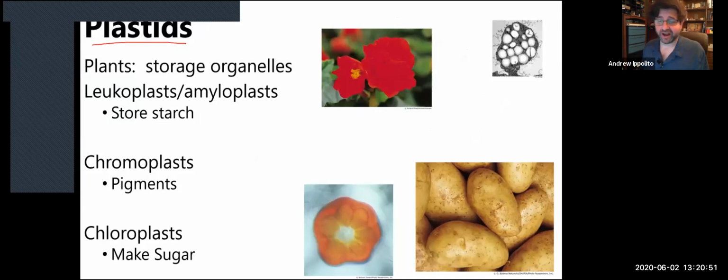Chromoplasts house the pigments of colors from flowers. All the beautiful colors in flowers ultimately can be traced down to these little plastids containing pigment molecules. It's pretty cool. So you now know the secrets of why plants have color. And then chloroplasts are specialized plastids that make sugar.